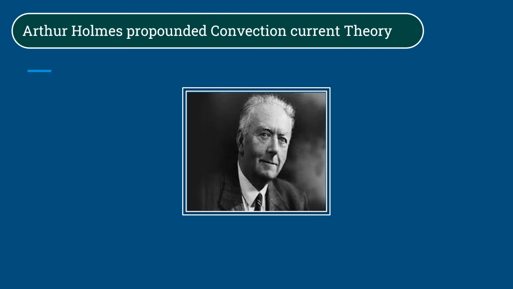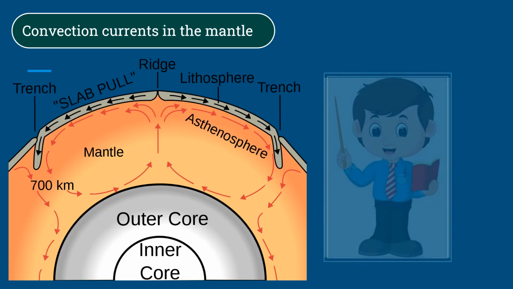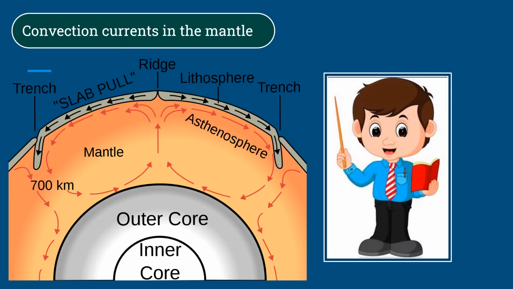So this was proposed by Harry Hess, and now the convection current theory, which is proposed by Arthur Holmes. By this theory, he wanted to propose the force which has broken and drifted the continents, which was a question that Alfred Wegener was facing. He answered that there was some eruption from the mantle of the earth.